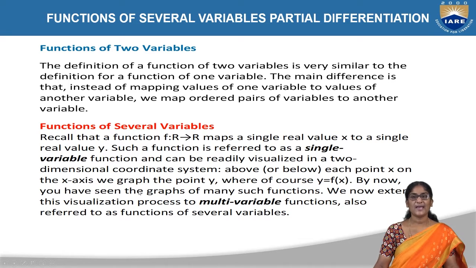Above each point x on the x-axis, we graph the point y, where y is equal to f of x. By now we have seen the graphs of many such functions, and we need to extend the visualization process to multivariable functions, also referred to as functions of several variables.